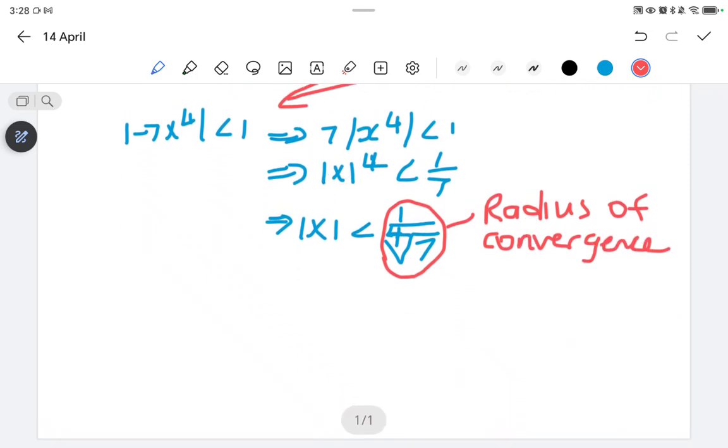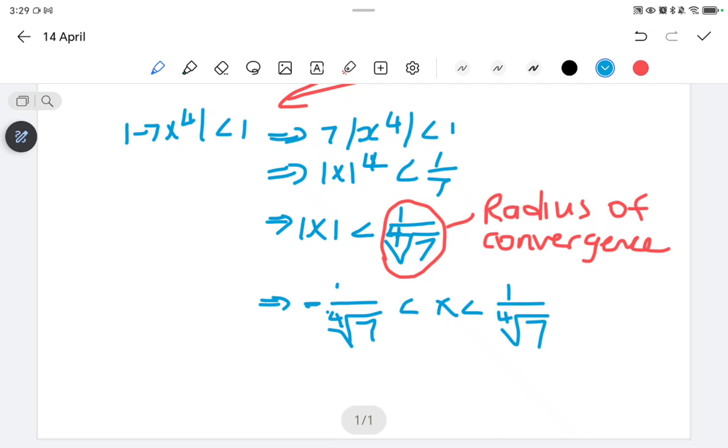Now don't forget, we're looking for the interval of convergence. So this will imply that minus 1 over the fourth root of 7 is less than x, which is less than 1 over the fourth root of 7. Now we noted that we have put this into this format, right? And in this case, I'm going to show you this, there are some things that would be wasting your time.